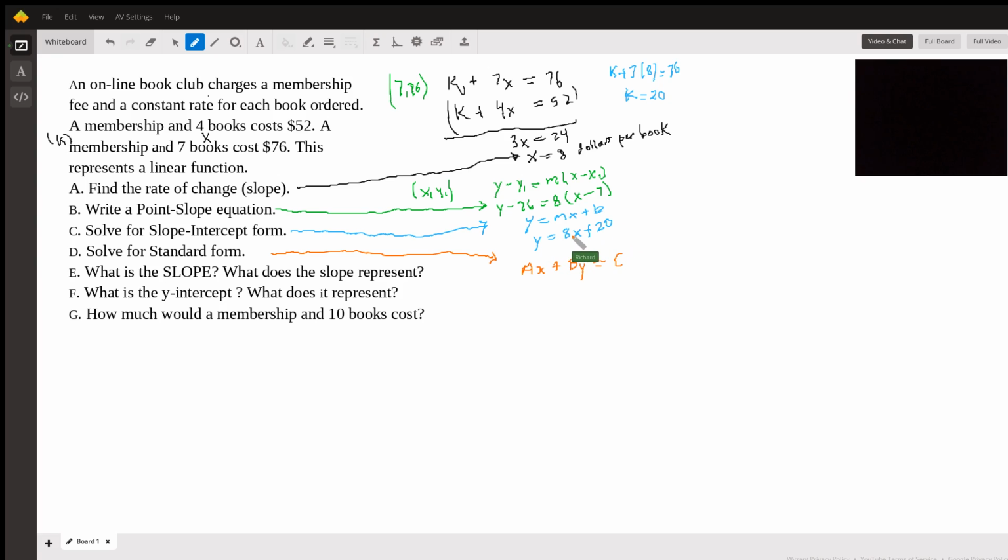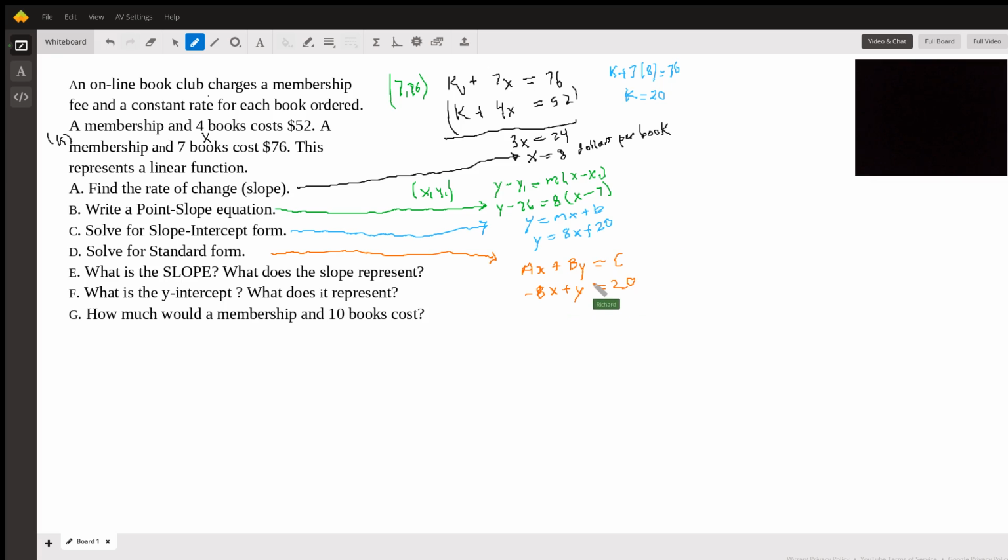So we can write, just take this y here and copy it here, and negative 8x equals 20.